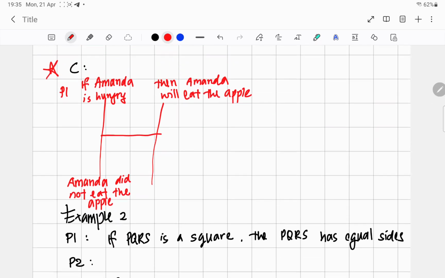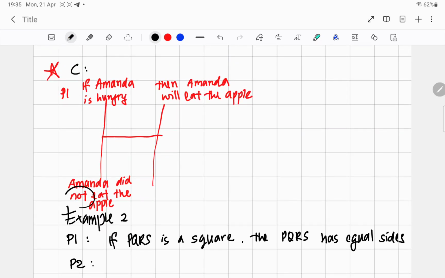So this one, you see, you have a not here. Once you have a not here, it means you need to cross. This one here is talking about apple, and here is also talking about apple. So you need to do the cross operation. Your premise 2 is from here, and then premise 1, your conclusion is from the first side.